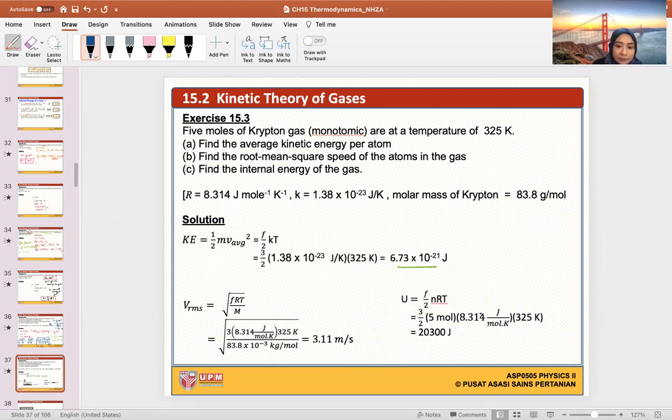What went wrong here? So this is 3, 8.314, 325, 83.8 times 10 to the minus 3. Which part is wrong? We have to check back on this one.